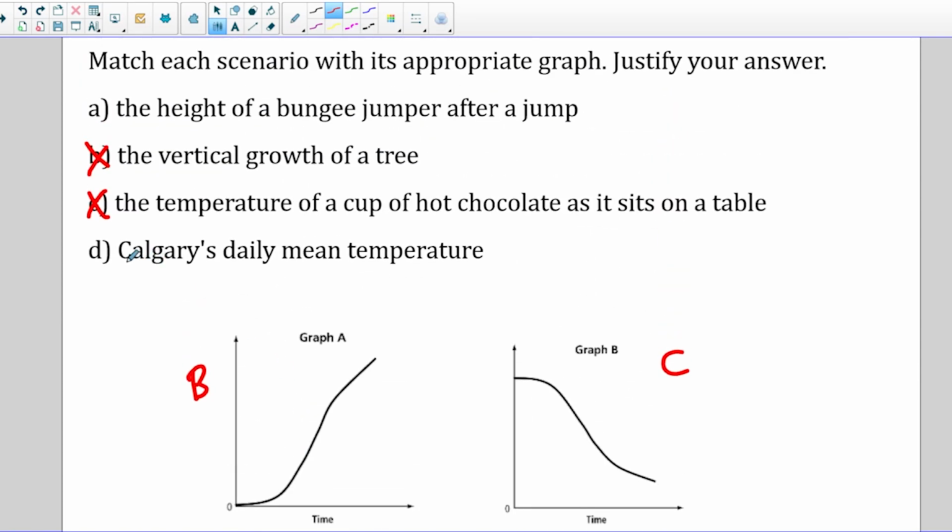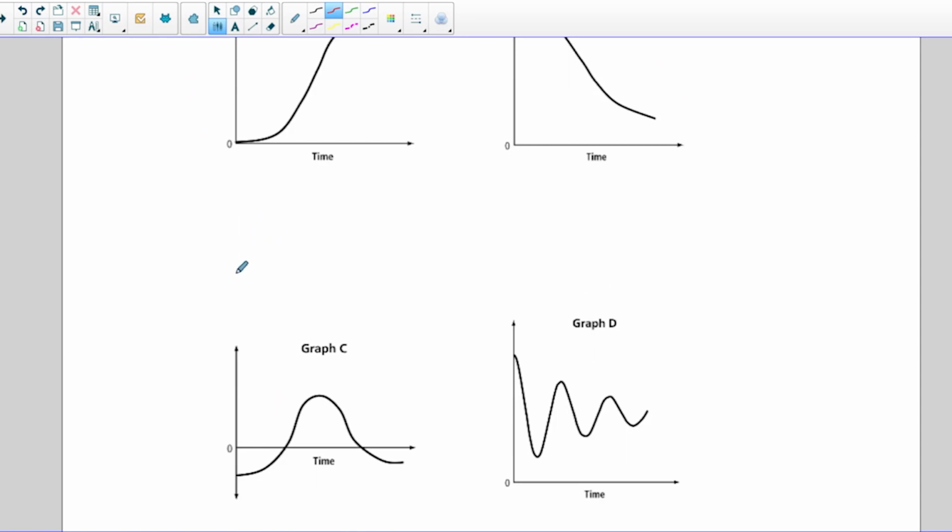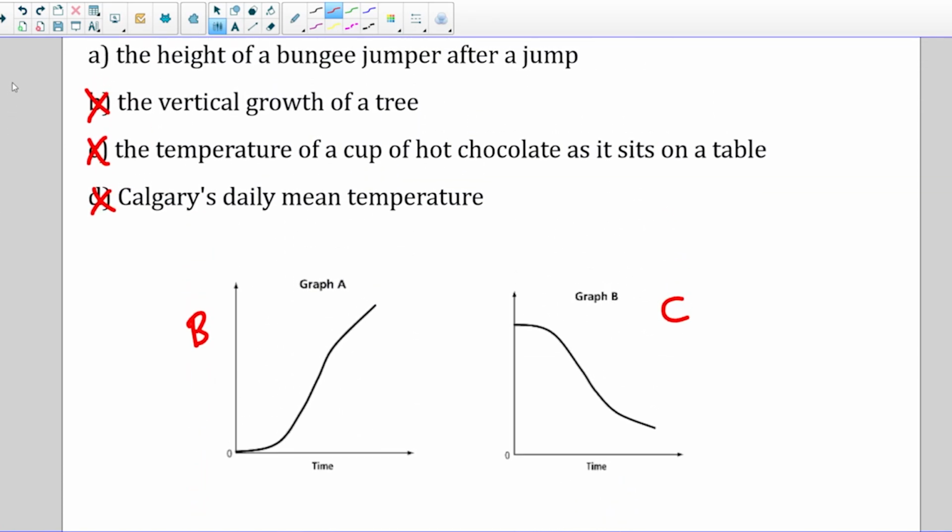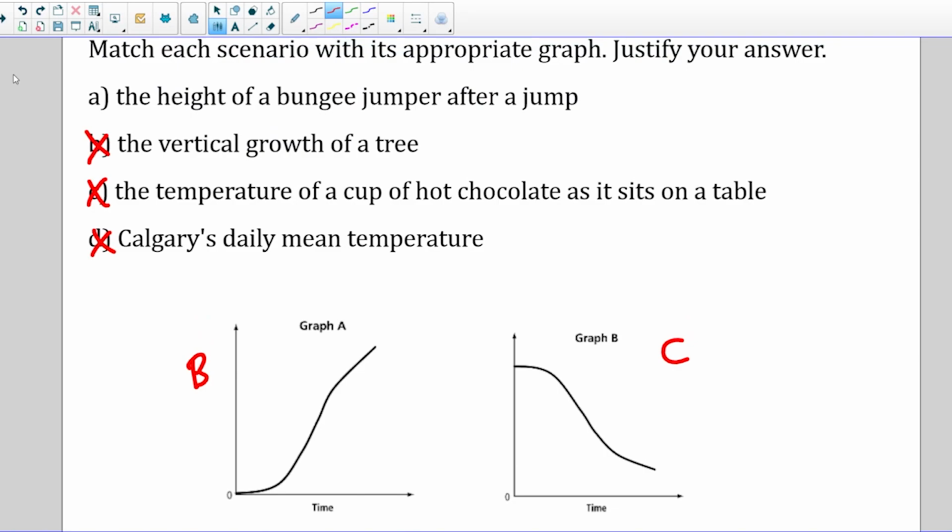That would make the most sense to match up with Calgary's daily mean temperature. And then finally, we have graph D. You can see here we start up high, go down, go up, but not as high, come down, go up, come back down. The only one we have left would be the height of a bungee jumper after jumping.